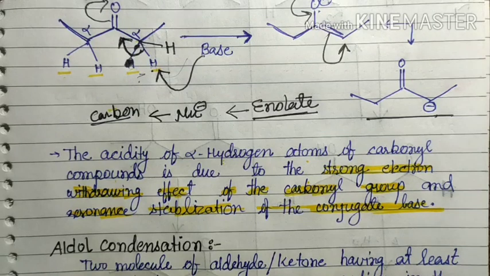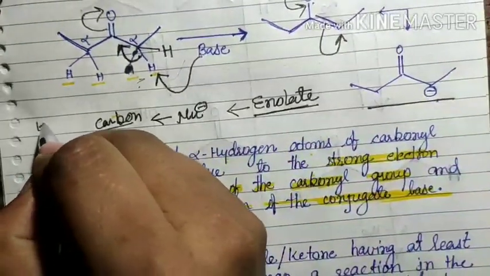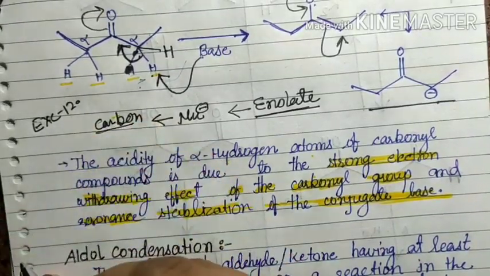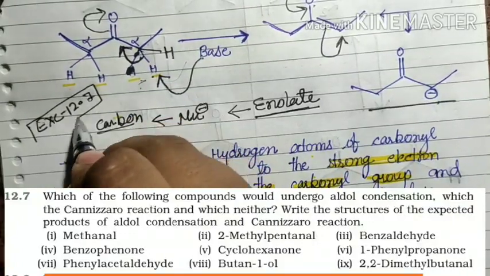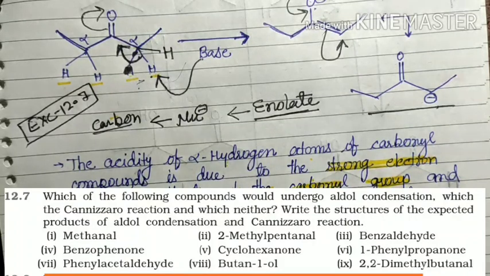And now on this basis you may solve one question, exercise 12.7. This is your homework. In this question it is asked which molecule may undergo aldol, Cannizzaro, or neither of both.